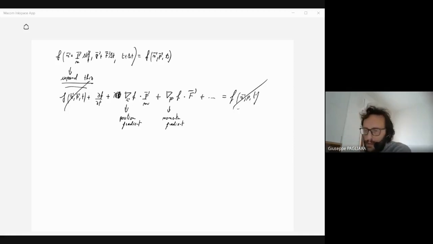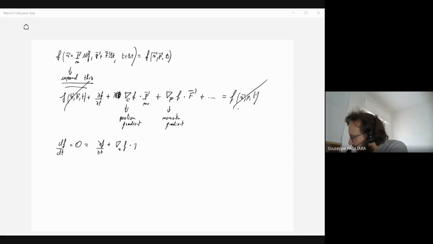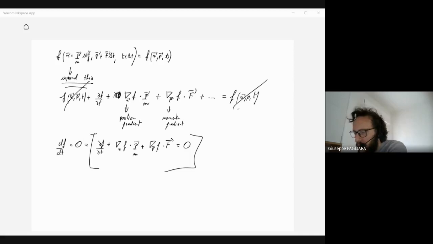Okay, which then means that the total derivative of f is equal to 0, and this is equal to the derivative of f with respect to time plus the gradient r of f scalar p divided by m plus the gradient p of f scalar f is equal to 0. Now this is called the Boltzmann equation, also in the case in which there is no interaction between particles.